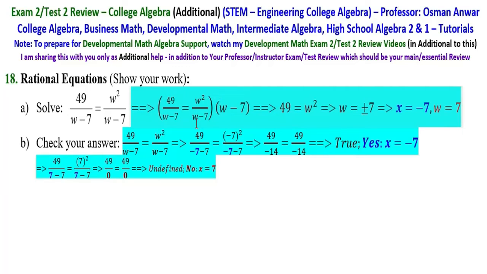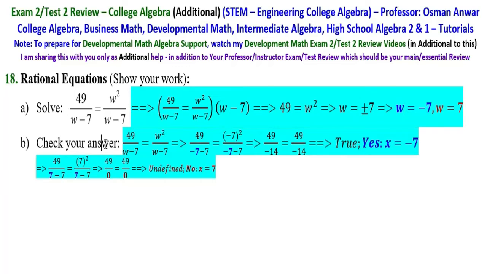Then w squared over w minus 7 times w minus 7, w minus 7 cancels w minus 7, that's w squared. That means w equals plus or minus square root of 49, which is w equals plus or minus 7. So w equals minus 7 or w equals 7.